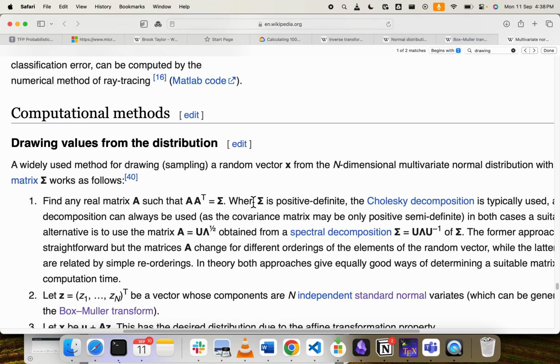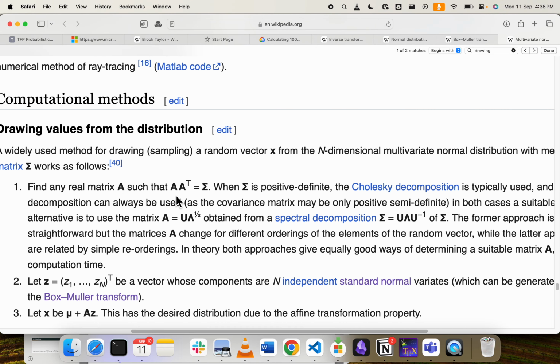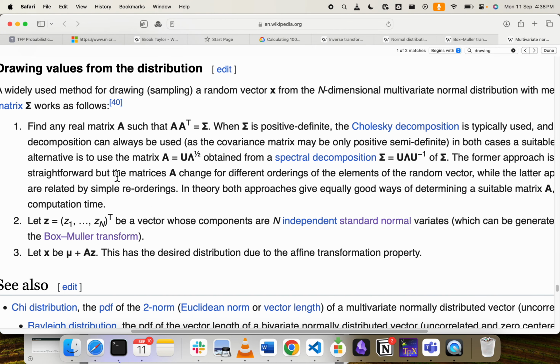We can say that for any real matrix A such that A times A transpose is the covariance, you can think of it as the square root. This is known as the Cholesky decomposition. Once we find the square root like term, we can then put mu plus AZ to obtain samples from this multivariate normal, right?